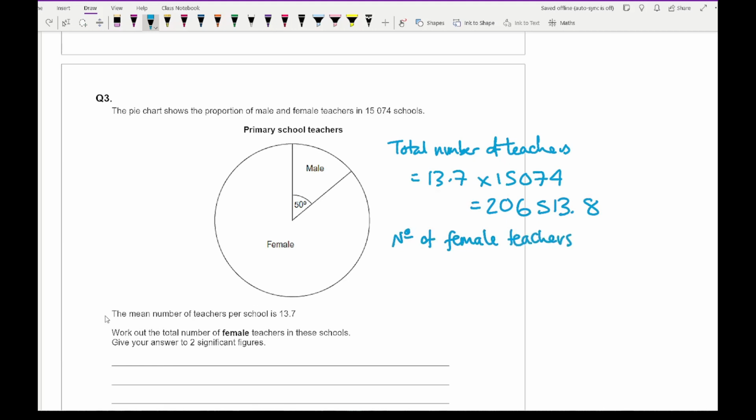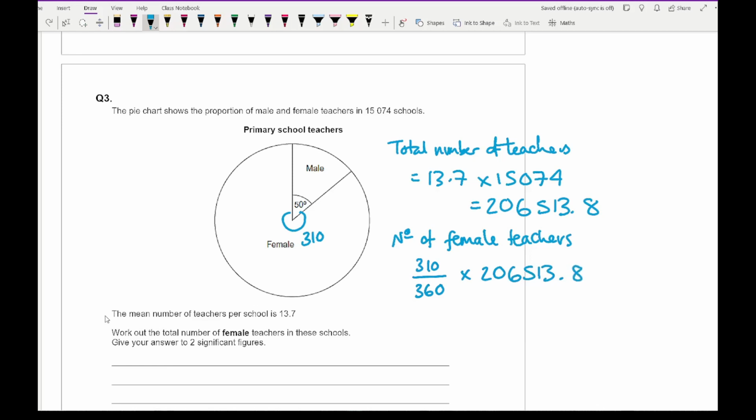Then from this, what we need to do is work out the number of female teachers, and we do that by looking at the proportion. So here, the proportion for female teachers, well, this angle here is going to be 310, so it's going to be 310 over 360, and we're going to multiply that by 206,513.8.